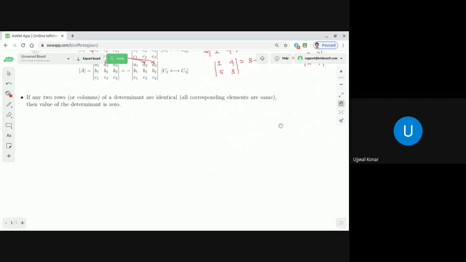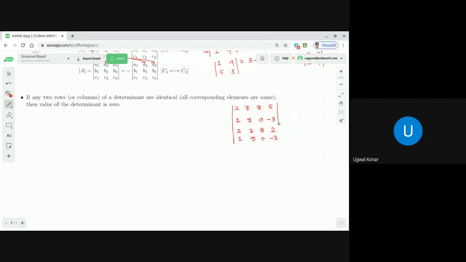So what is the determinant, dear students? The determinant is something like this. We get 2, 7, 8, 5, 1, 9, 0, minus 3, 2, 7, 8, 2, 1, 9, 0, minus 3.